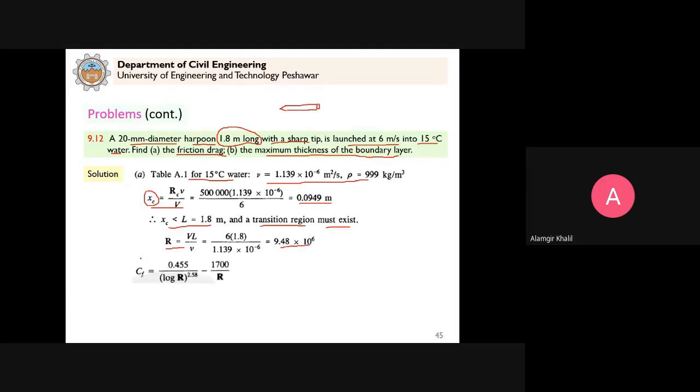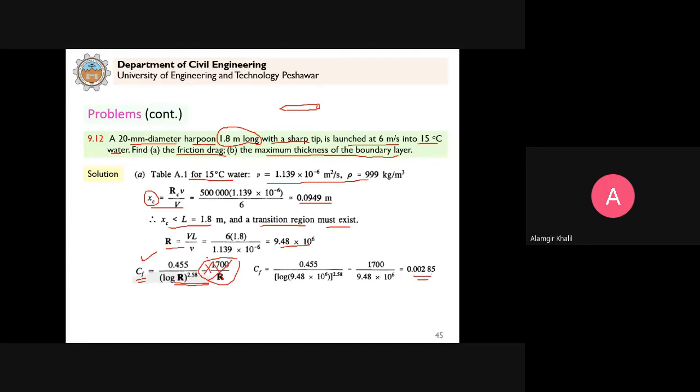And then for the transition regime, CF is given by this expression, clear? And CF turns out to be this much. But remember, if you calculate this CF for a turbulent boundary layer, you will still get a result very close to this one.